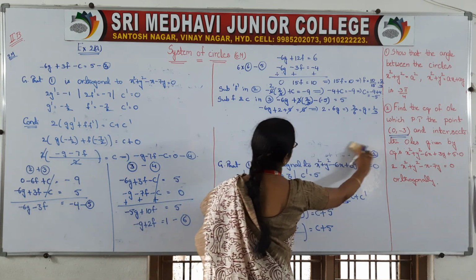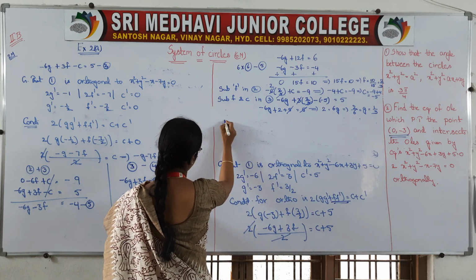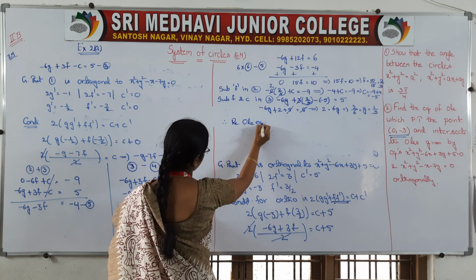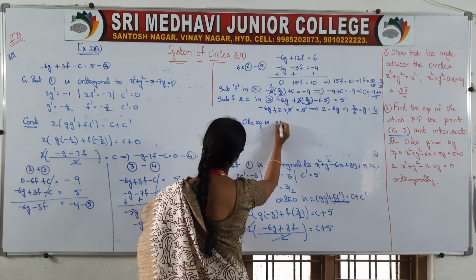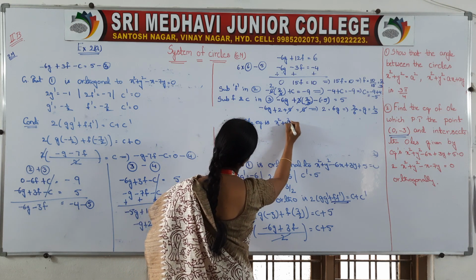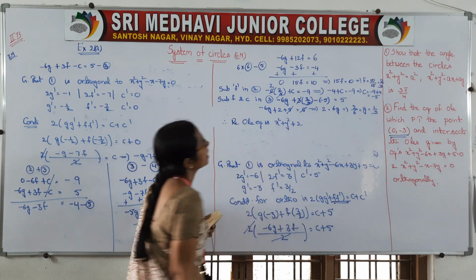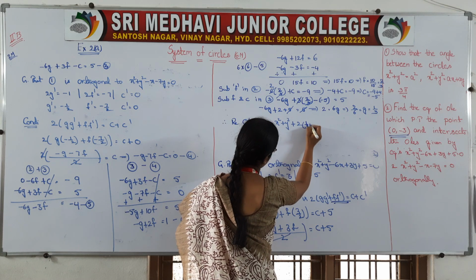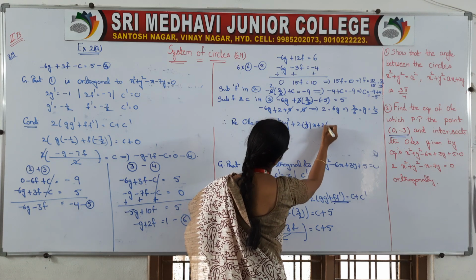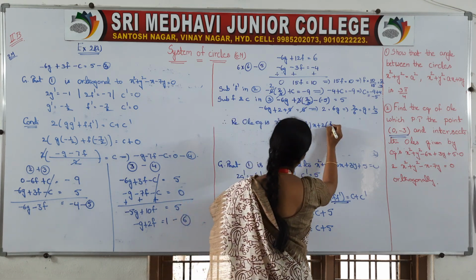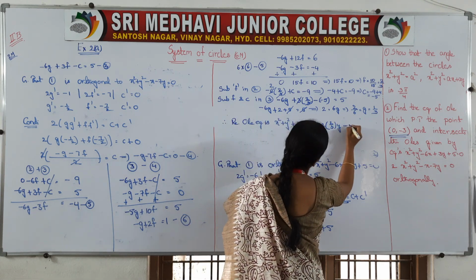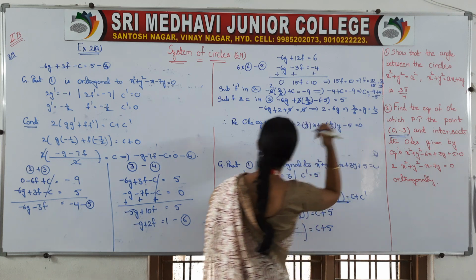Therefore, finally, the required circle equation is, substitute x square plus y square plus 2g, what is the g value? 1 by 3, x plus 2f, what is the f value? 2 by 3, y plus c, minus 5 is equal to 0.